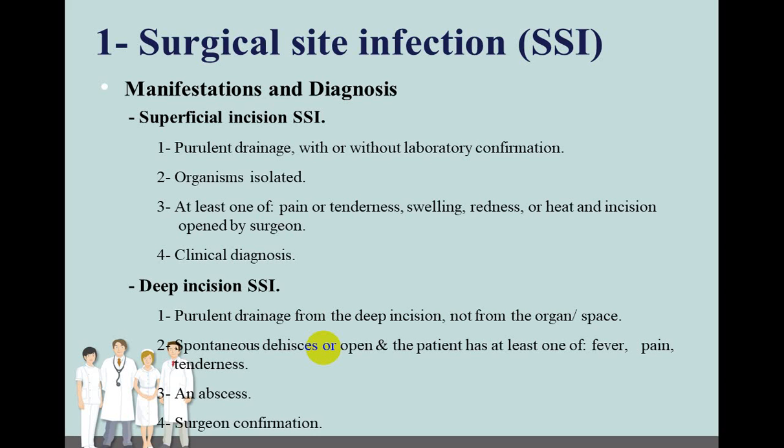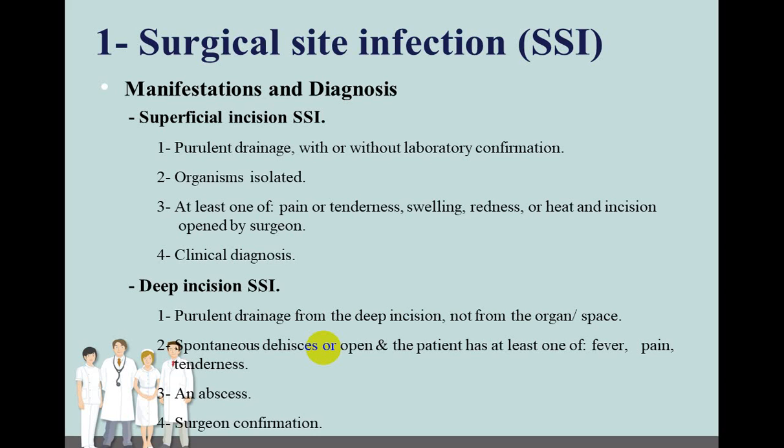Deep incision surgical site infection. We may notice purulent discharge from the deep incision, not from the organ or space, spontaneous opening of the wound, and the patient has at least one of fever, pain, tenderness.